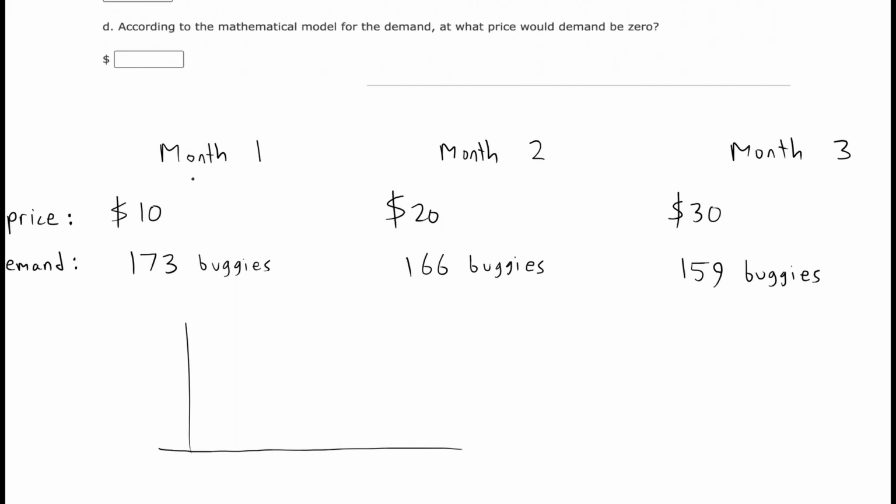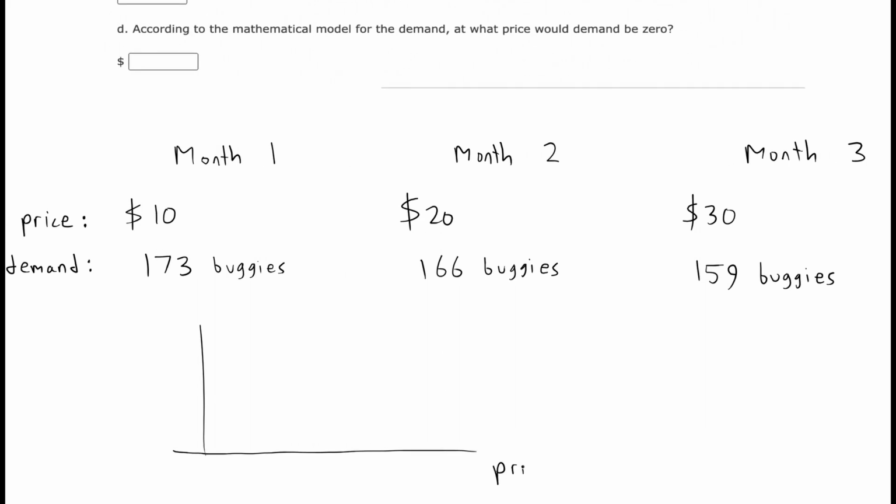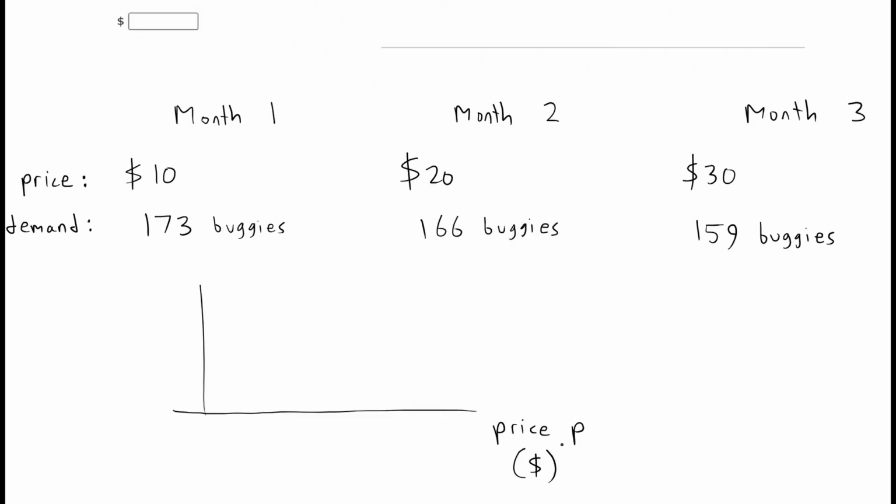So if we put price on the horizontal, then how people respond in their purchases would be the demand. And we call that the letter Q. And it's just going to be the number of items sold.